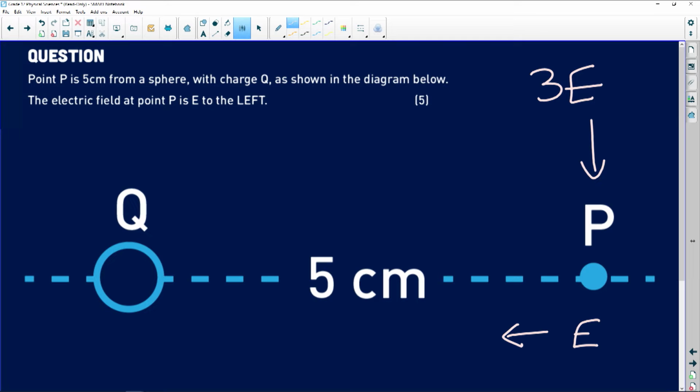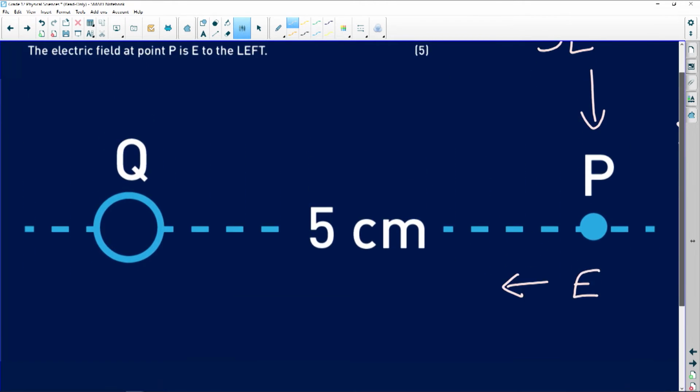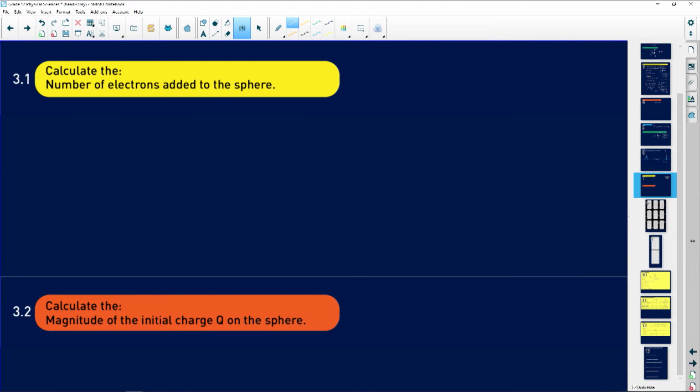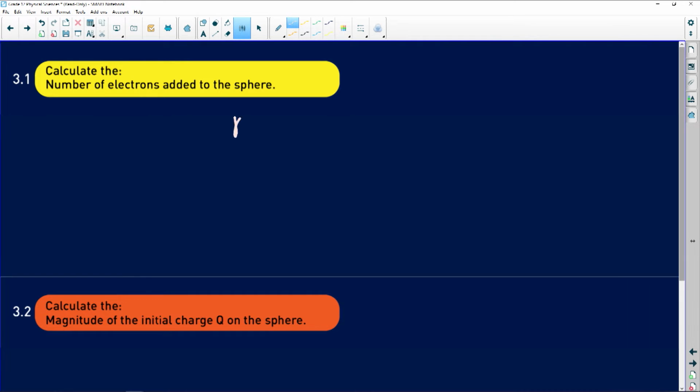Now they're wanting us to, where's the next question? We just need to go find the next question. And there it is. The question says, calculate the number of electrons added to the sphere. On your information sheet, you're going to be given n is equal to capital Q over small q.